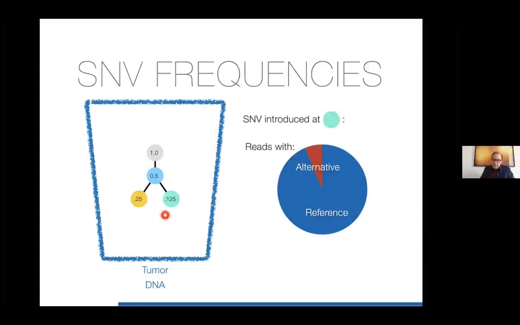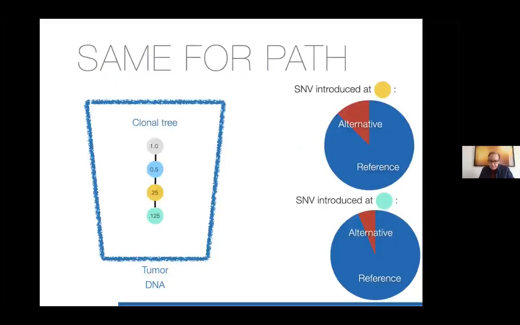And the same thing for this one. So the alternative reads are just half of the fractions you see in the tree. That's nice, but we were interested in this clonal tree, which I'll be calling the cherry, and also the path. And it's the very same thing in the path.